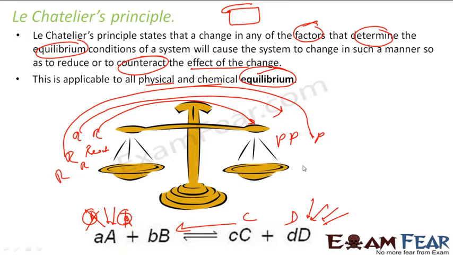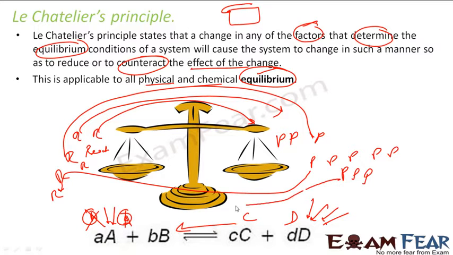Now if you add more product, let's suppose 8 moles, this product will react in the opposite direction and create some reactants. Not all, but some of them.